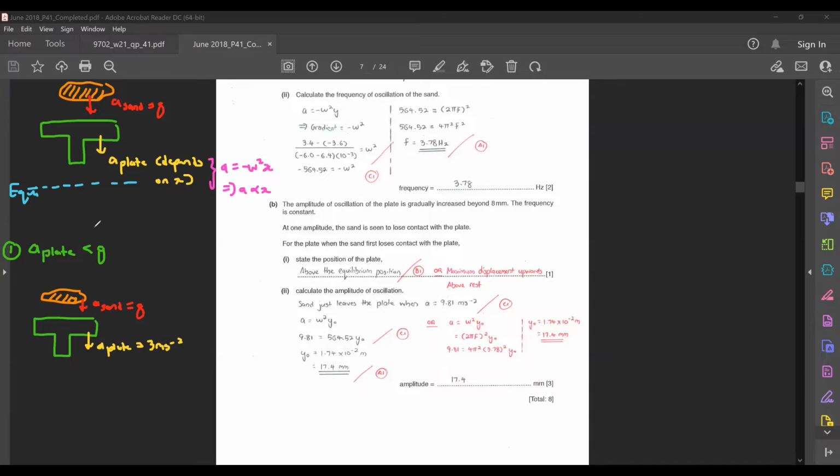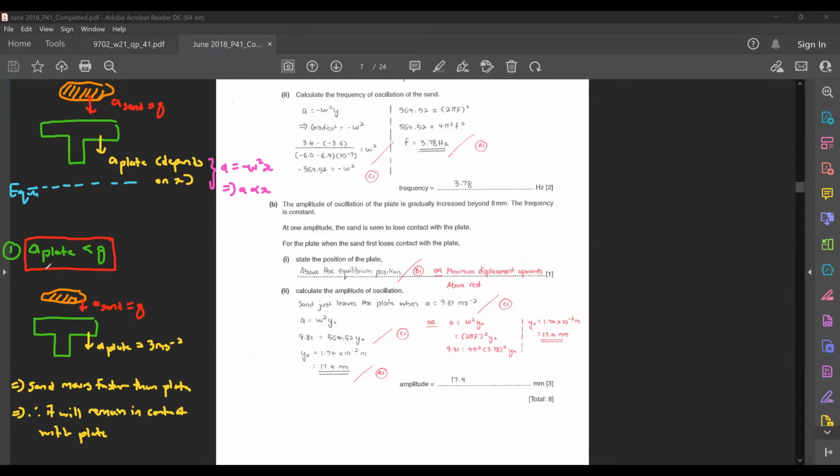Now you just look at it like this. Because the acceleration of the plate is less than g, this will tell you that the sand moves faster than the plate. So therefore, it will remain in contact with the plate.